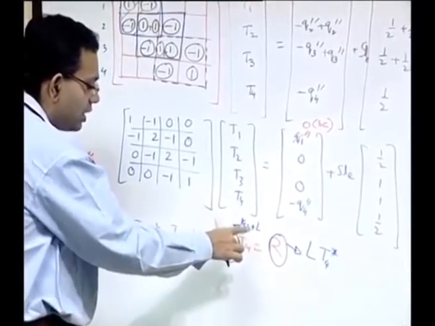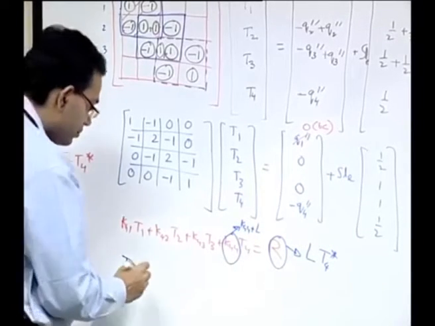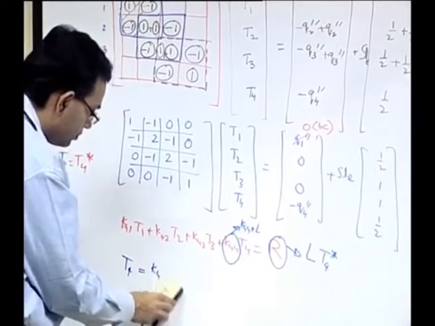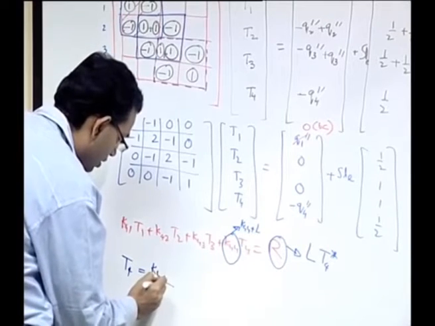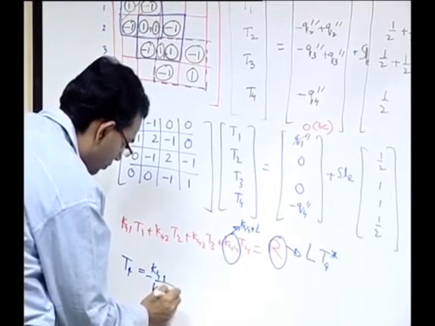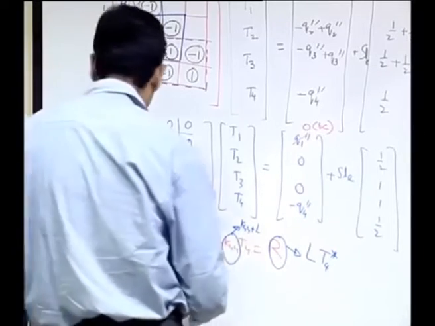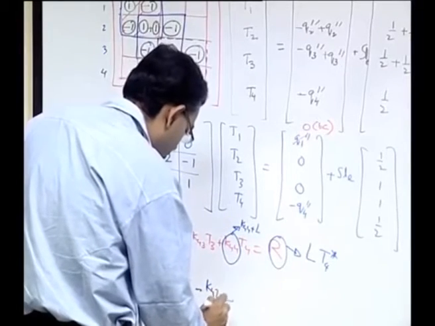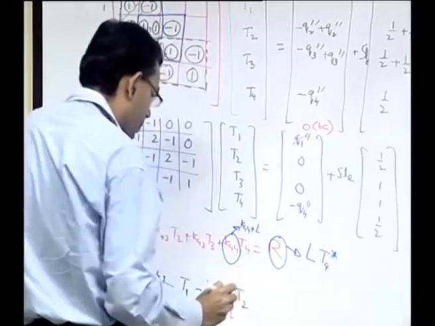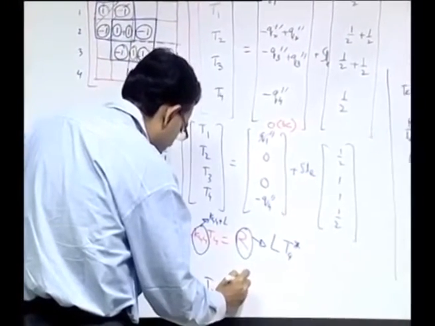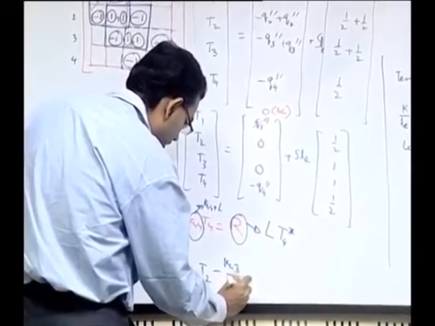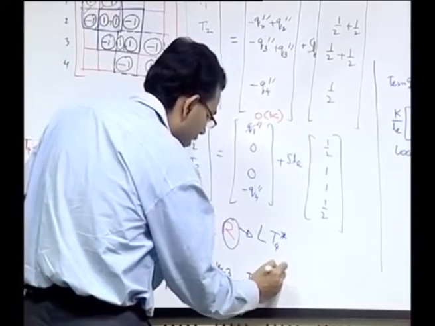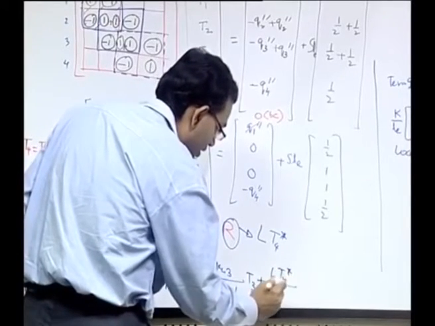Say you divide all the terms by K44 plus L. So, it is T4 equals minus K41 by K44 plus L times T1, minus K42 by K44 plus L times T2, minus K43 by K44 plus L times T3, plus L T4 star by K44 plus L.